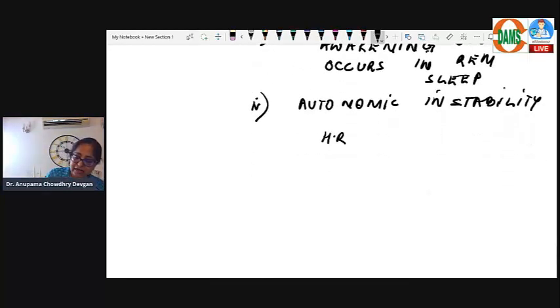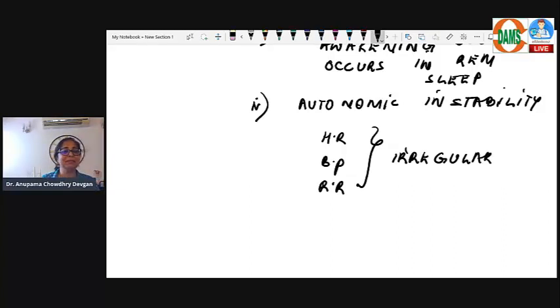Here the heart rate, blood pressure, and respiratory rate become highly irregular. Penile erections are also common during this phase, right? So this is autonomic instability, another paradox. Sleeping, but all these become highly irregular, right?